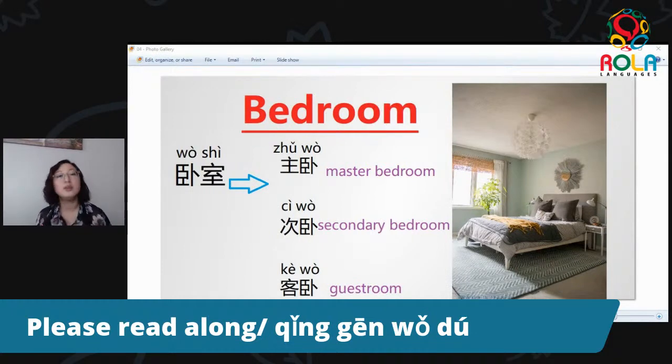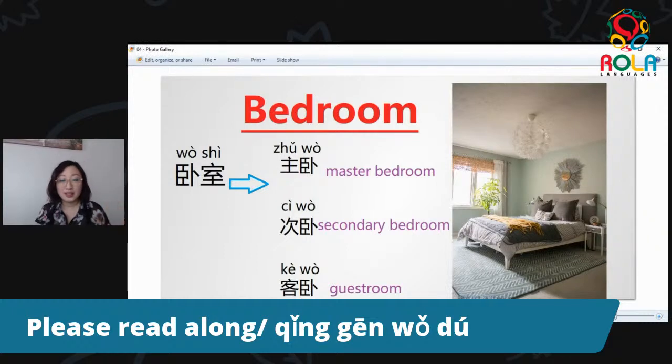And then 客卧 means your guest room. So I would like to say there's a little bit of difference between 次卧 and 客卧, right? Because 次卧 could be the room that your kiddo is in, or, I don't know, your parents who live with you. But 客卧 usually is for your guests.